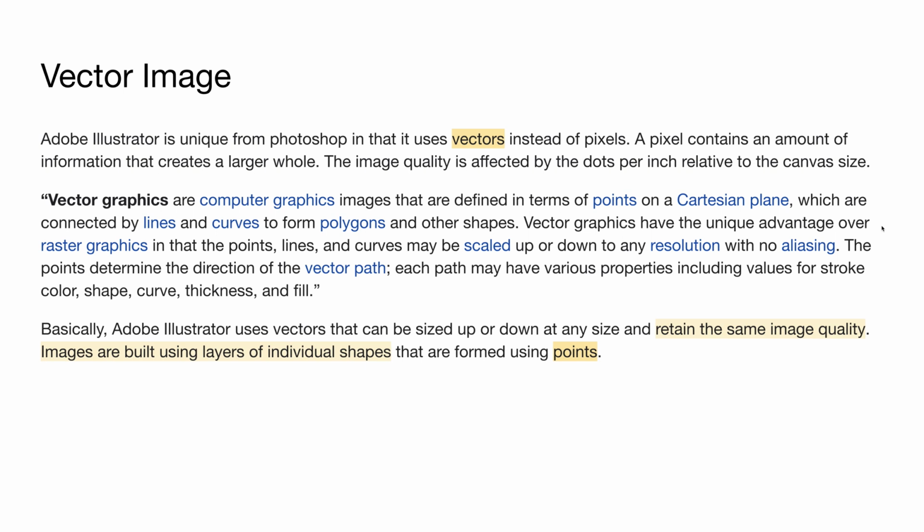So, in other words, Adobe Illustrator uses vectors that can be sized up or down at any size and retain the same image quality. Images are built using layers of individual shapes and lines that are formed using points. And I'll show you a little bit more about that.